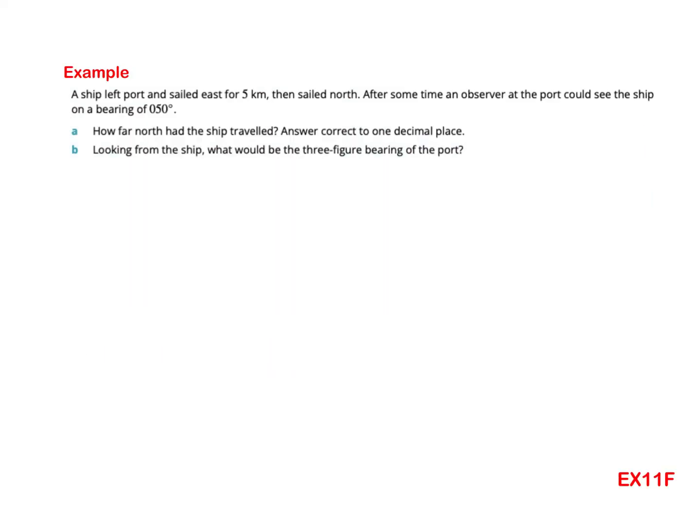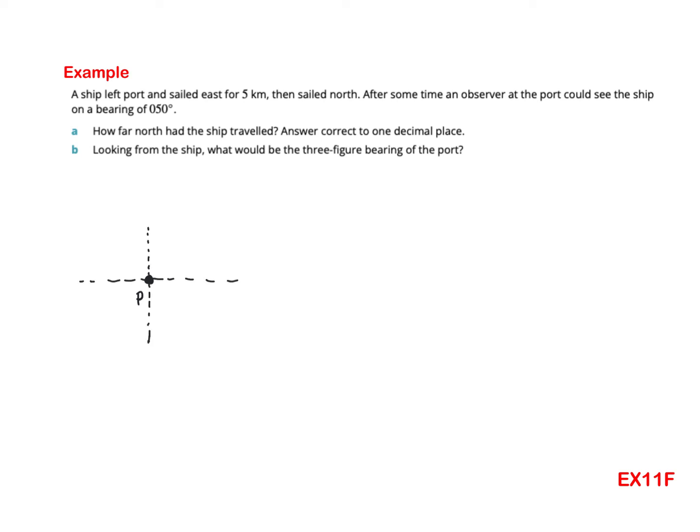All right, so a ship left a port and sailed east for 5 kilometres, then sailed north. At some time, an observer at the port could see the ship at a bearing of 50 degrees. So what we're going to do, I'm going to say here's the port. I'll call it P. And I'm going to draw a little compass.